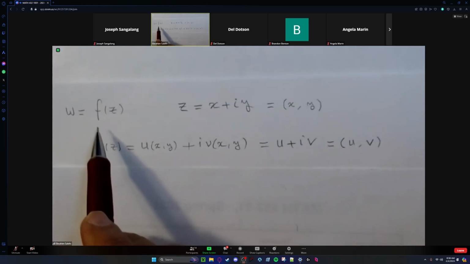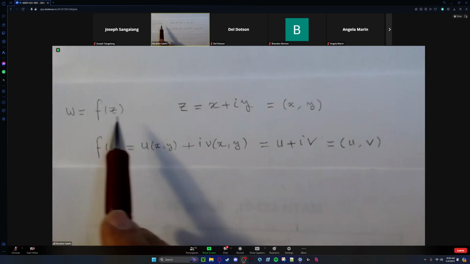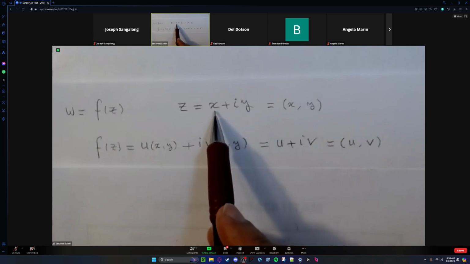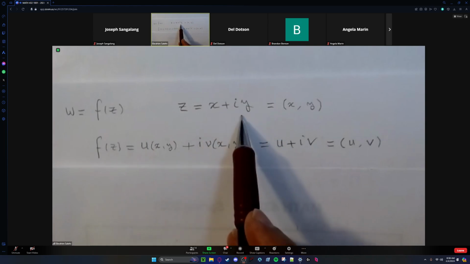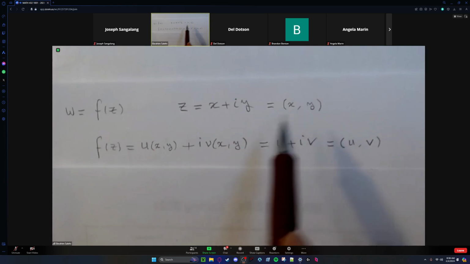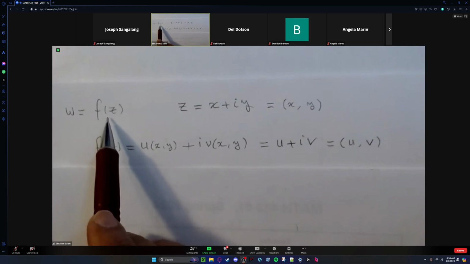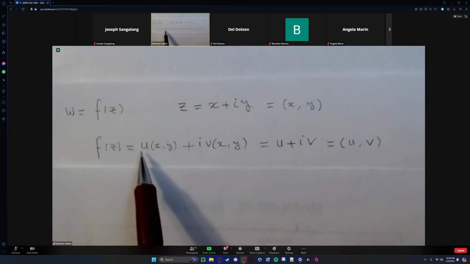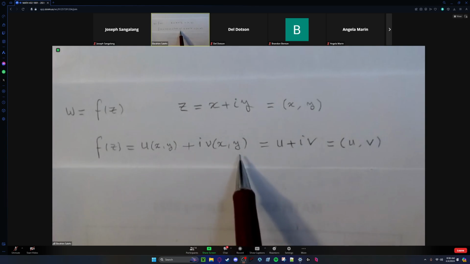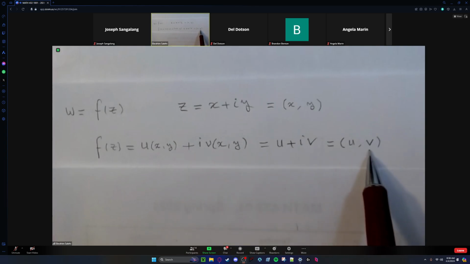And now, when it comes to complex analysis, the input of the function is x plus iy, which we can interpret as an ordered pair x, y. When you plug it in, you will get a real part plus i times an imaginary part, another ordered pair, this time u, v, right?